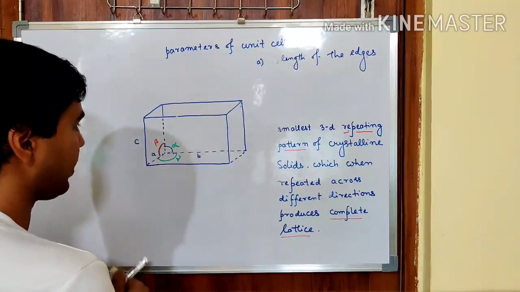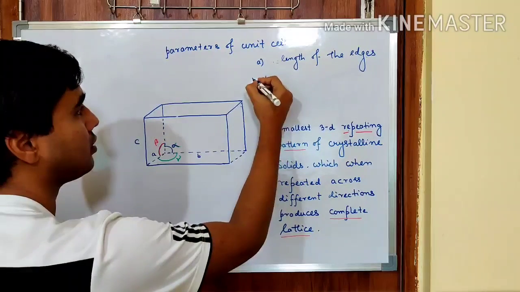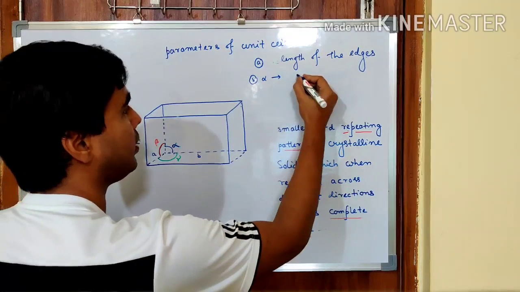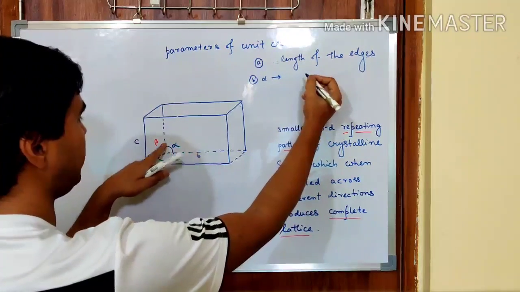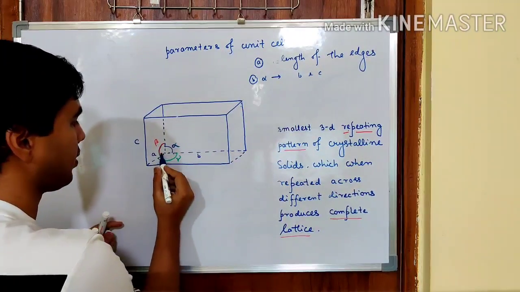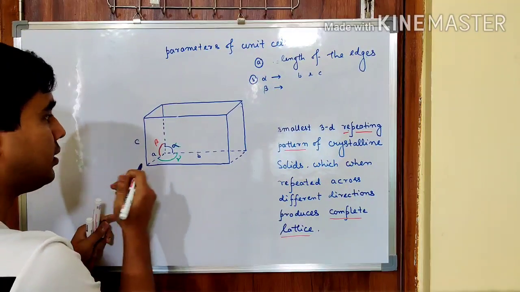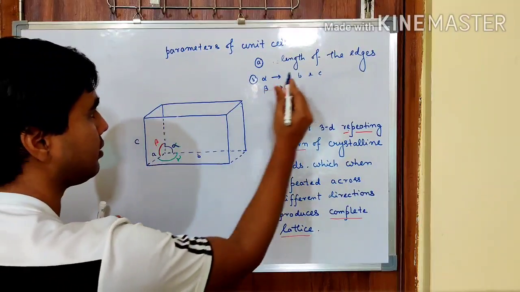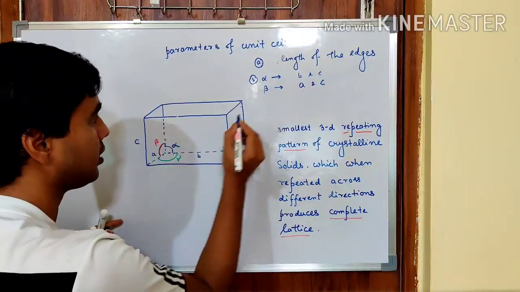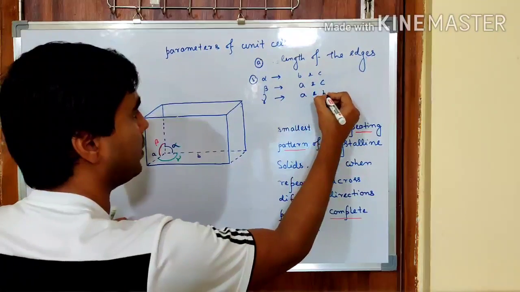So we have chosen 3 angles. Alpha is the angle between B and C. The angle beta is between A and C. And the angle gamma is between A and B.